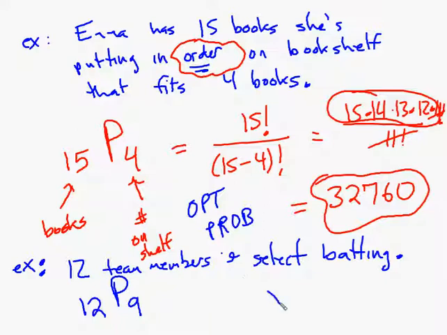You will see these 3 buttons, X factorial, NPR, and NCR, and you also have random number generator.